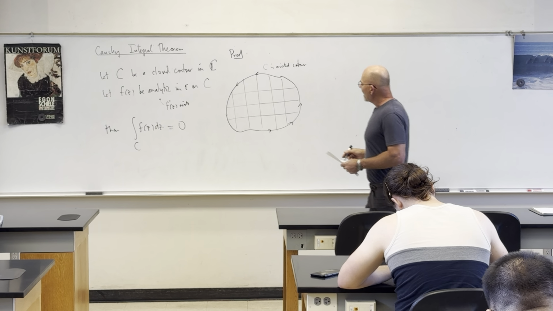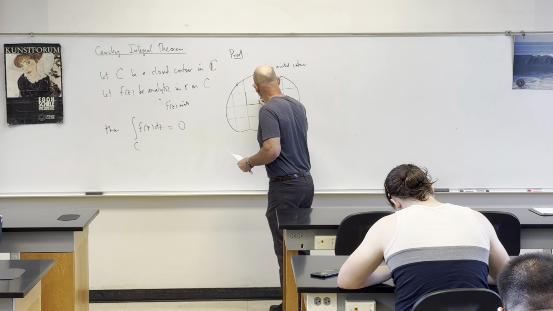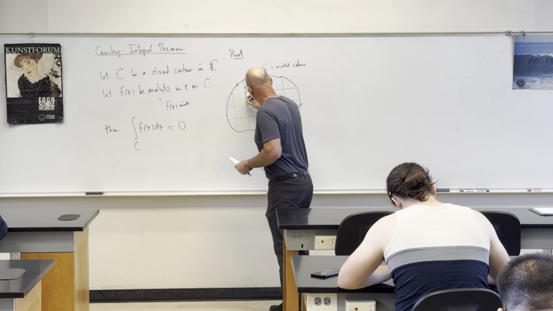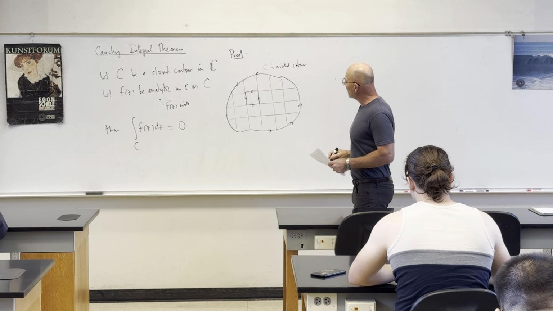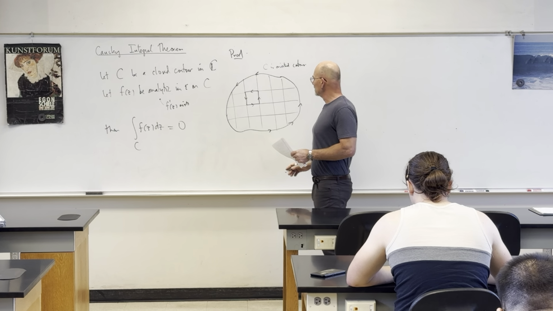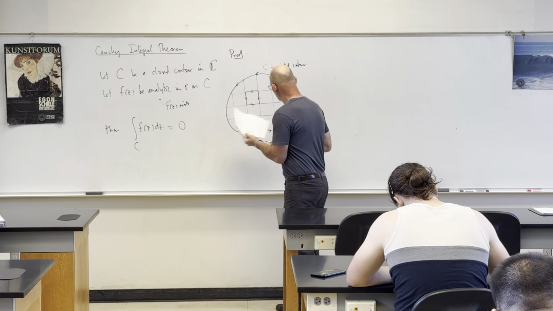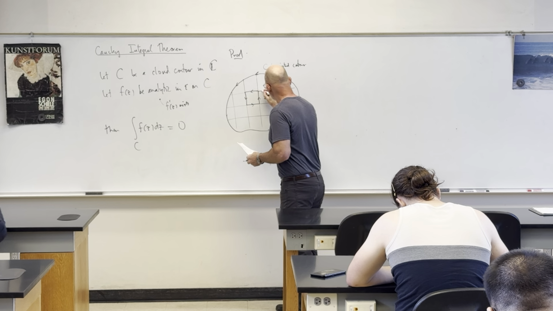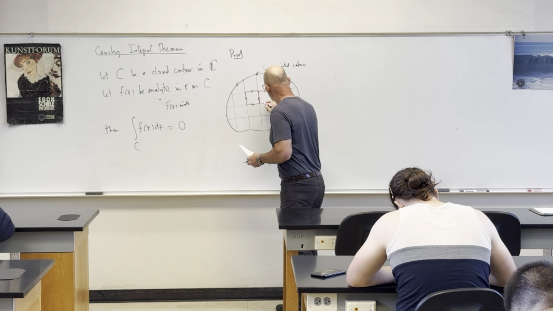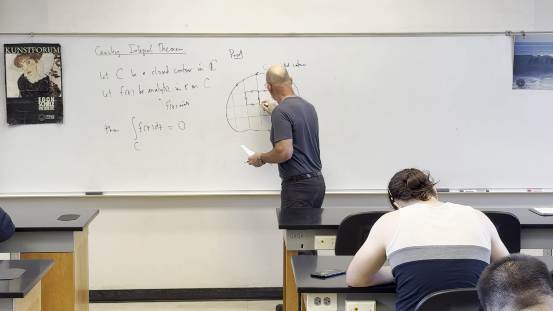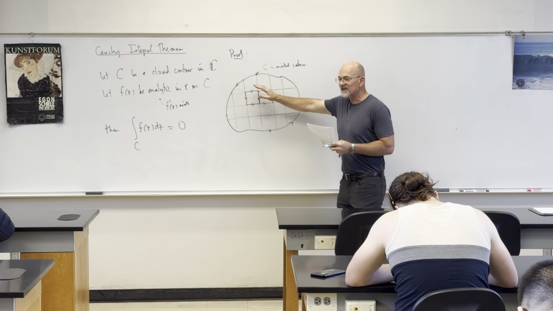In each one of these boxes, we can integrate around an oriented contour. The thing about these boxes is that if we have two adjacent boxes, they share a contour. So the adjacent contours cancel.